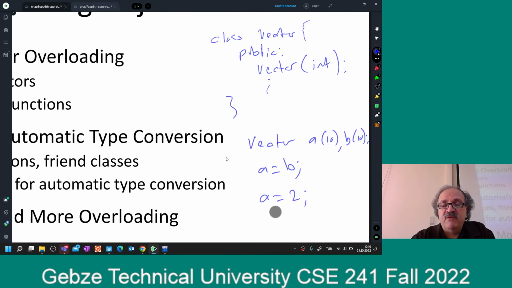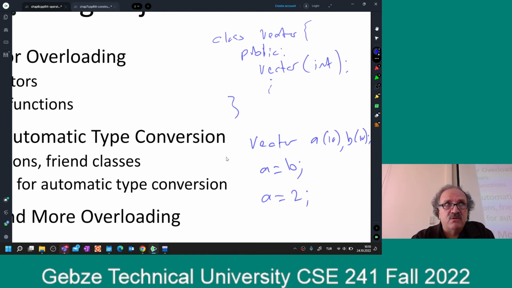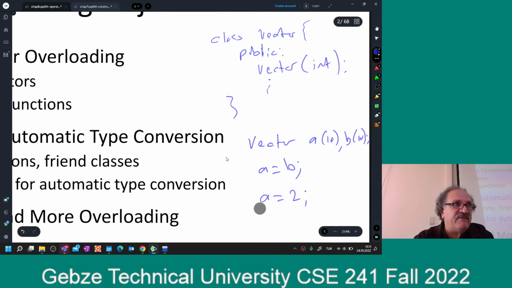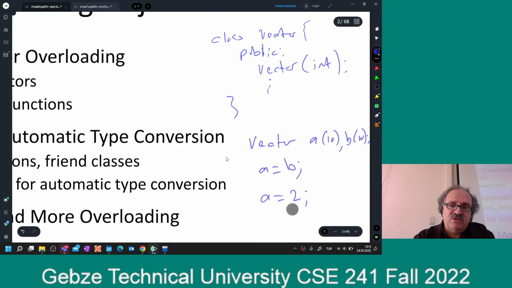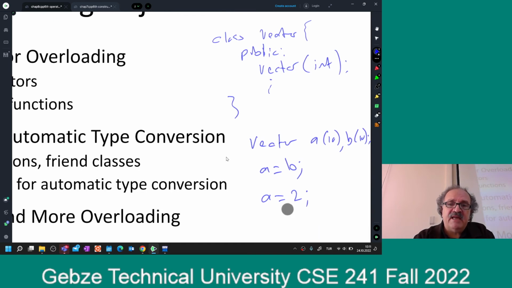If you compile it this way, this is going to work. Why? The compiler will say that I can assign a B to an A because their types are exactly the same. How about this one? I cannot assign a 2 to an A because this is an integer and this is a vector. But the compiler gets smart: can I make a vector out of this 2 and assign that vector?